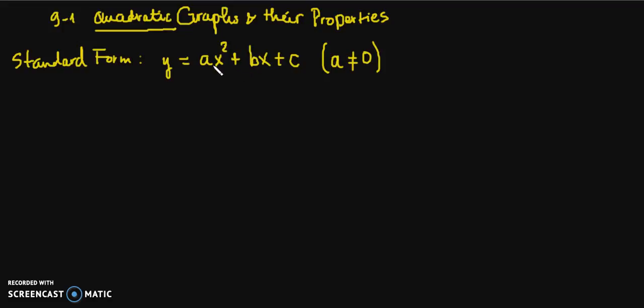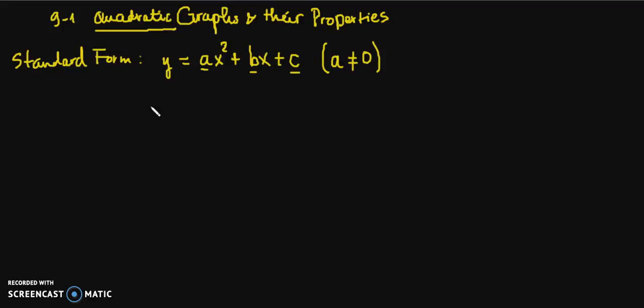Now I emphasize that you need to actually understand what a, b, and c mean. a, b, and c are the coefficients of the function, and the way to distinguish them is that a is in front of x squared, b is the number in front of x, and c is a constant.